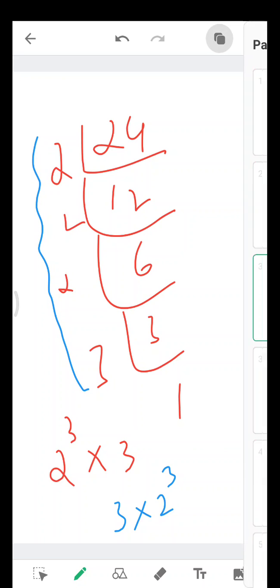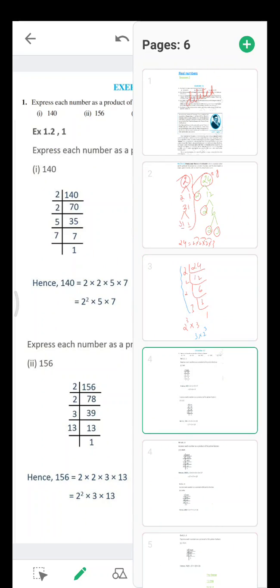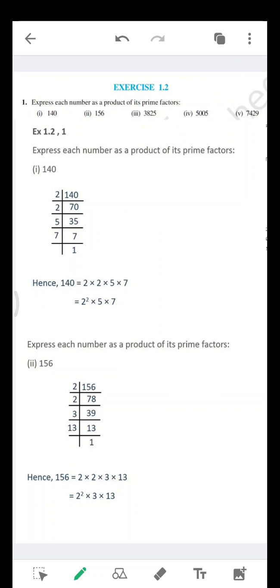So we are going to continue with this concept in exercise 1.2. Express each number as product of its prime factors. So 140, the first question I have taken here, 140 2 70 times, then 2 35 times, then 5 7 times, 7 1 times. So you can observe these all are prime numbers, isn't it? I cannot write 140, and I cannot divide it by 14 10 times.